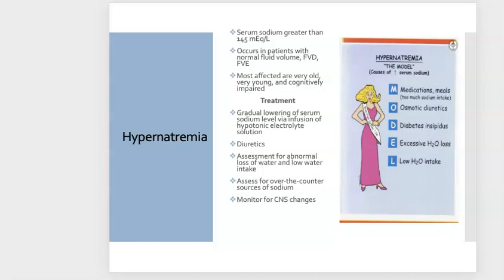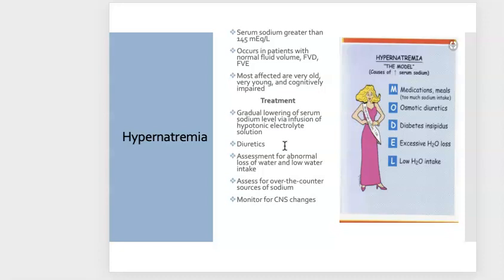In terms of remembering the causes of hypernatremia, we're going to focus on the mnemonic. So it could be medications or meals, too much sodium, osmotic diuretics, diabetes insipidus, excessive water loss, and low water intake. How we're going to treat it is we want to gradually lower the sodium via use of something hypotonic.